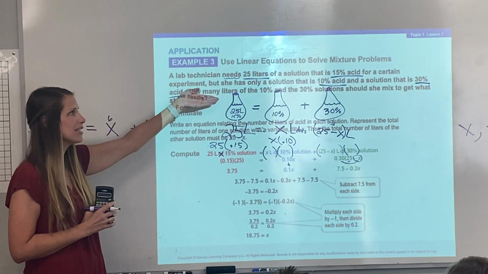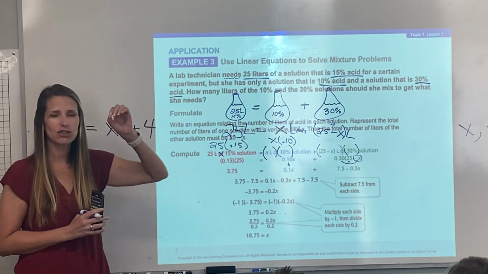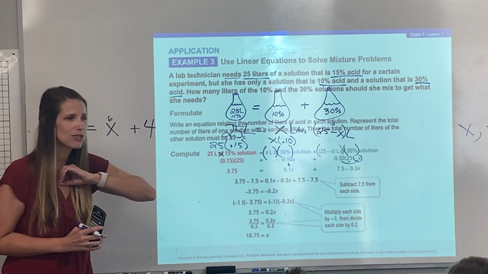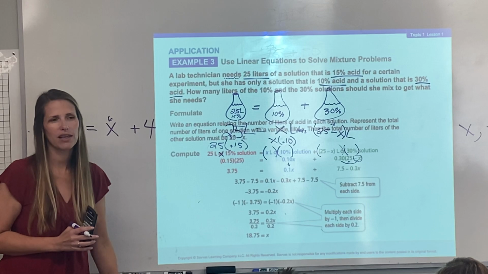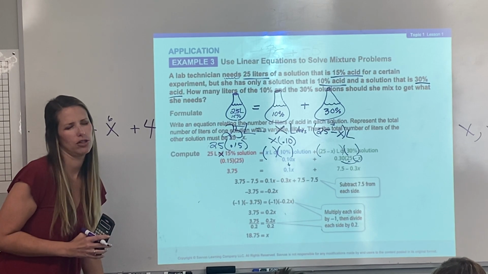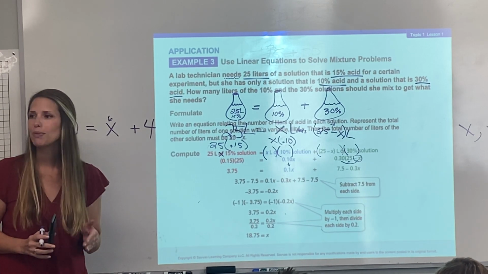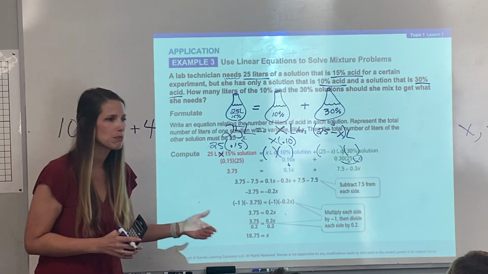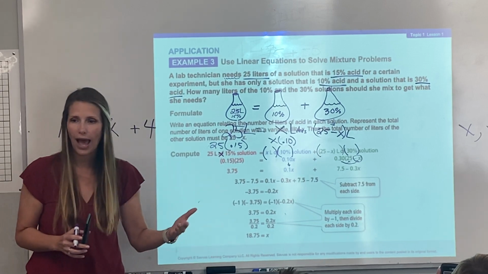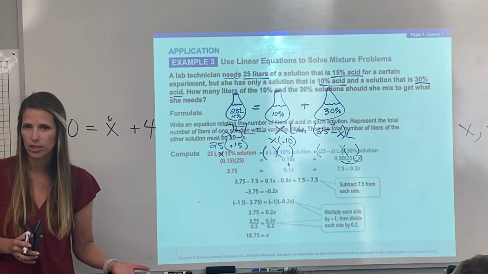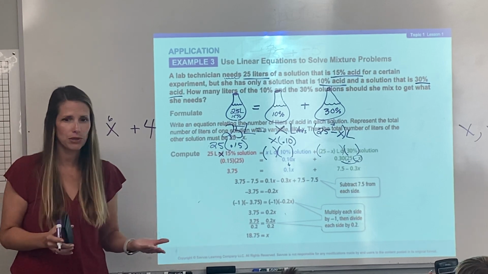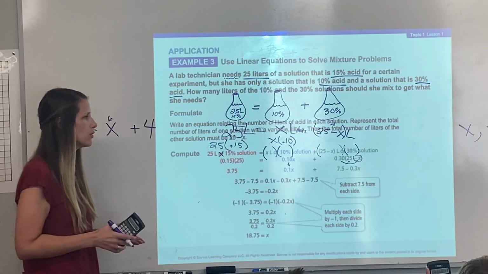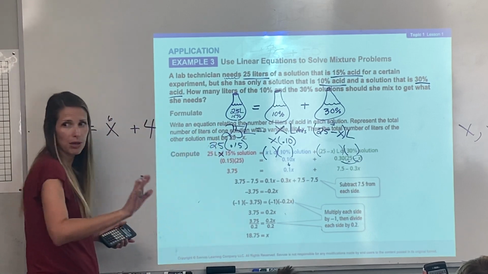Remember, these kinds of questions answer the common question from students that says, when will we ever need to know this? And you're probably thinking, but I don't want to be a lab technician, so I won't have this. Maybe you'll be something else that you didn't expect, and you'll need to know how to solve these kinds of situations. Instead of being like, a little of this, a little of that, and I'll just hope that it's 15%, we need to know how to use these. Okay, let's keep going.